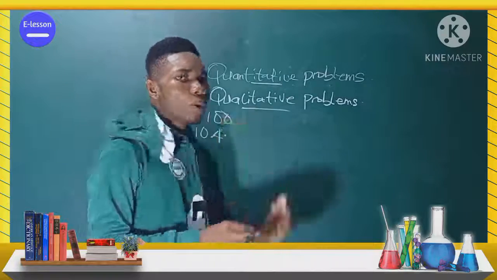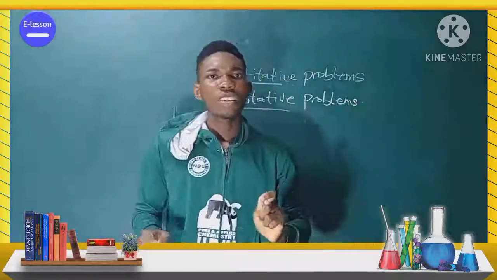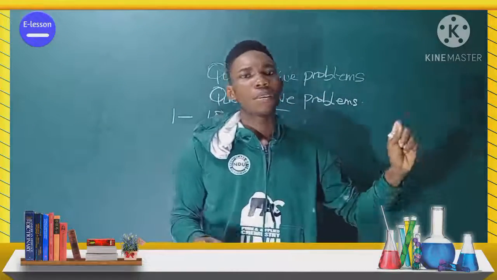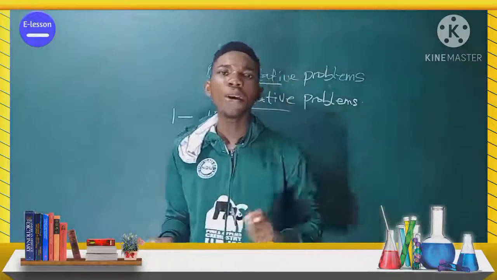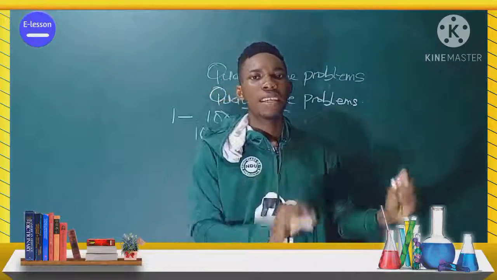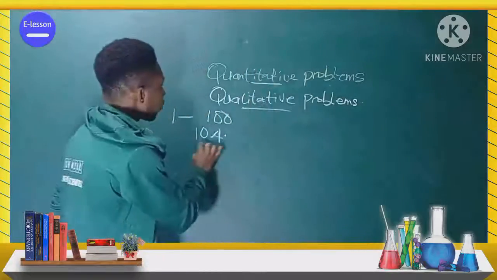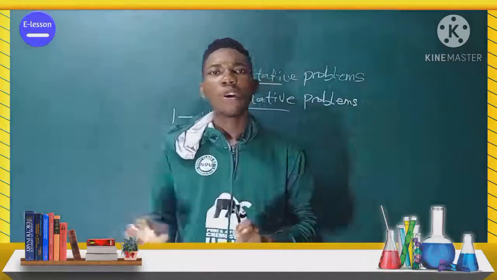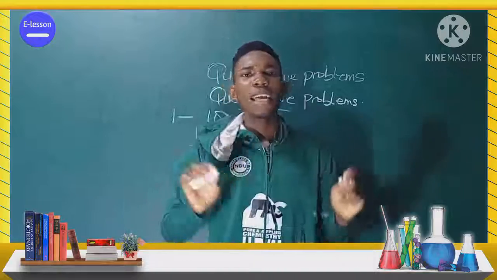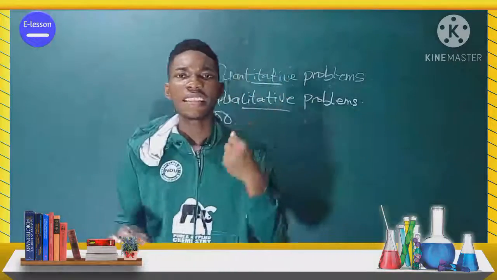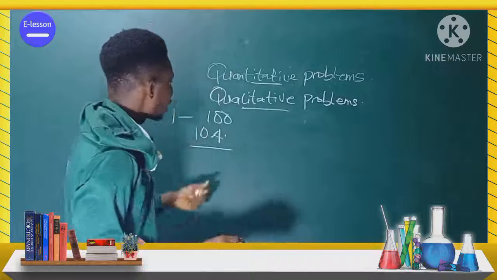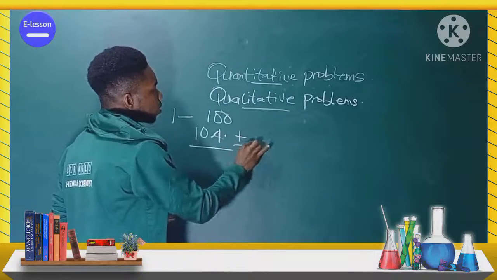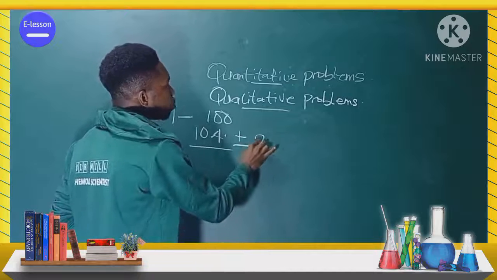This value of 104 is not accepted, or it's of no significance, until you've stated the error that is inherent in this measurement. Let's say 104, and the estimated error is plus or minus 2.